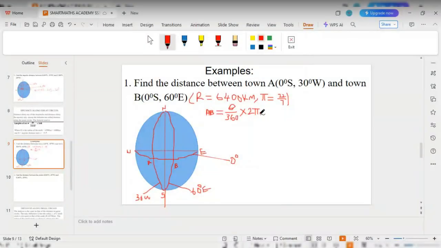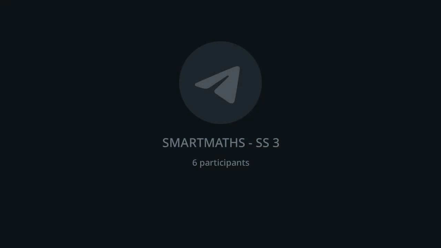Where r is the radius of the earth, pi is given as 22 over 7, and theta is the angular difference. So how do we get the angular difference?